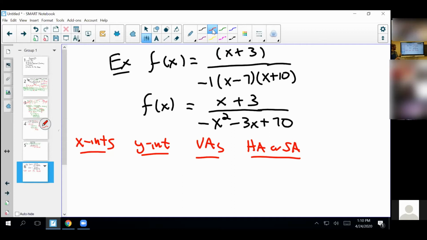I always forget about the holes. It's probably not the most important thing in the world, but we should have the holes there as well. This one doesn't have any holes. So we have to find all this information, right?